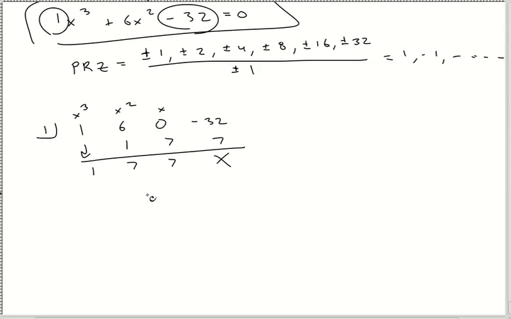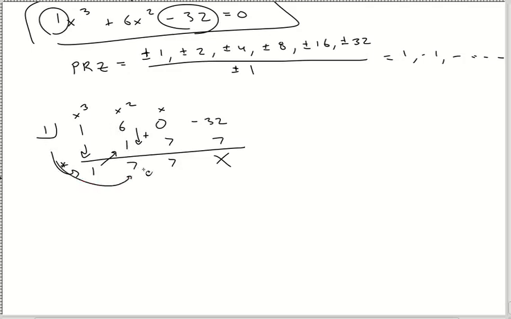I know I'm going kind of fast on synthetic, but I'm assuming that you've seen it again in college algebra. If you haven't, well, it's very simple. All I'm doing is multiplying, and then I'm adding, and I put it up a row, and then I add. So multiply, 1 times 1 is 1, and then I add 1 plus 6 plus 1 is 7.